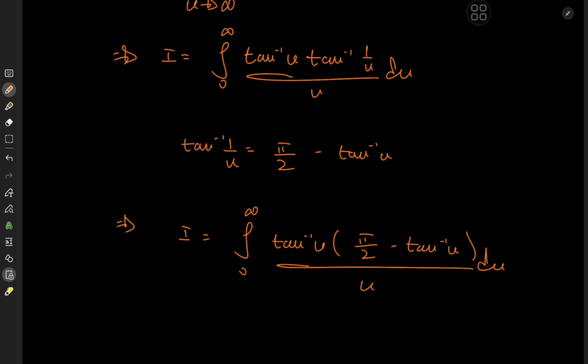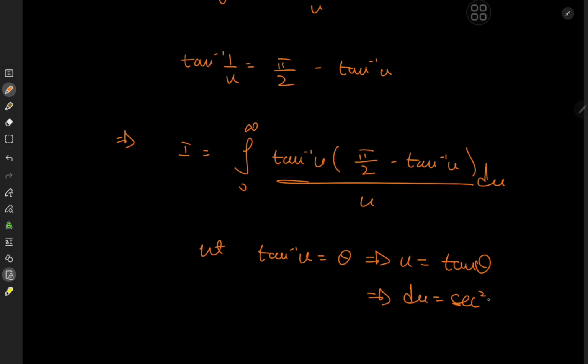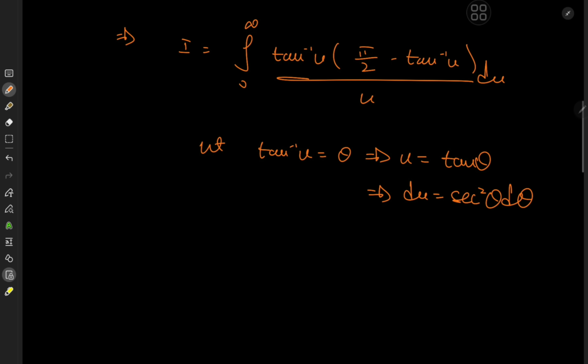We could introduce another transformation, and that is letting arctangent u equal theta, which implies that u equals tangent theta, and this further implies that du equals secant square theta d theta. And all of this, oh wait, the limits of integration, I was about to forget that. So as u approaches infinity, we have theta approaching pi over 2, and as u approaches 0, we again have theta approaching 0.